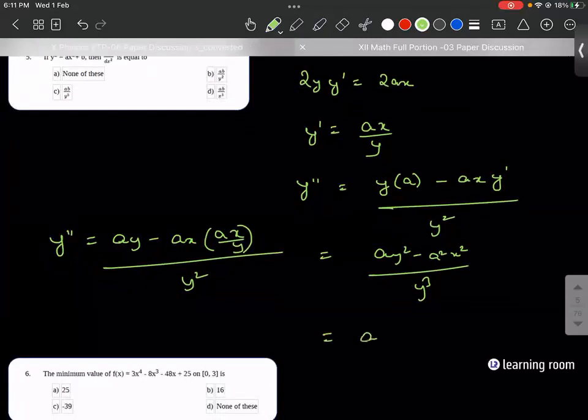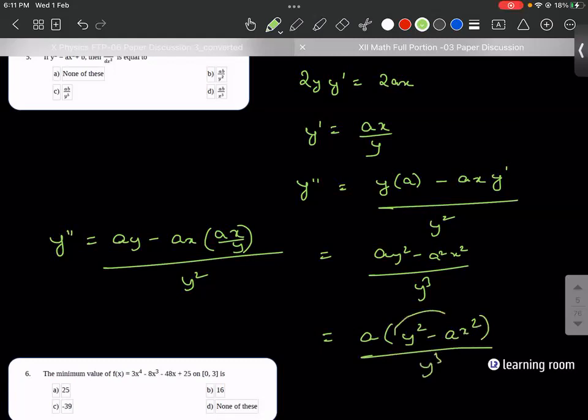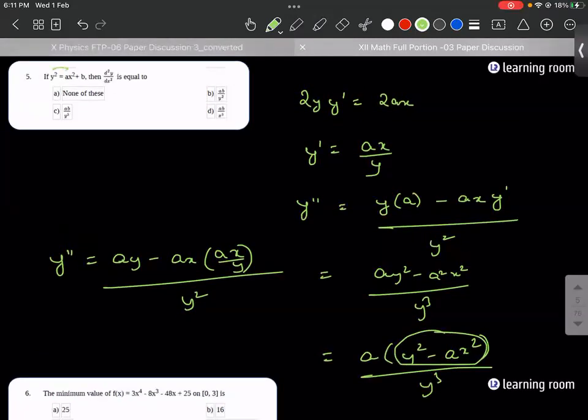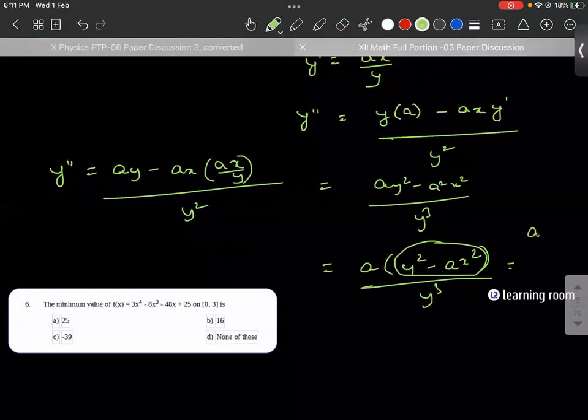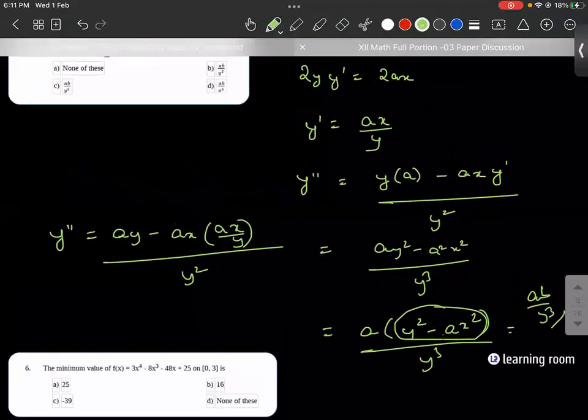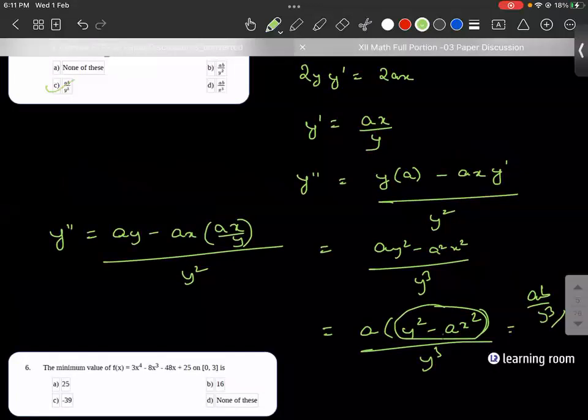Let me take a common. It is a into y square minus ax square divided by y cube. What is y square minus ax square? Y square minus ax square is b. So it will be ab divided by y cube. Correct? You can take C to be the option.